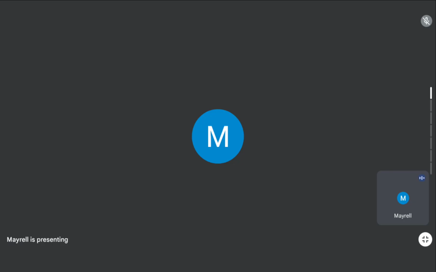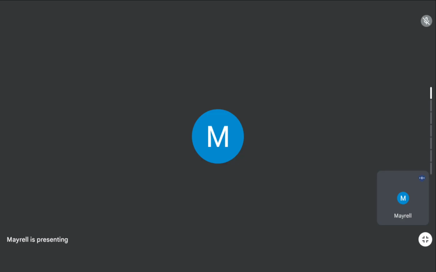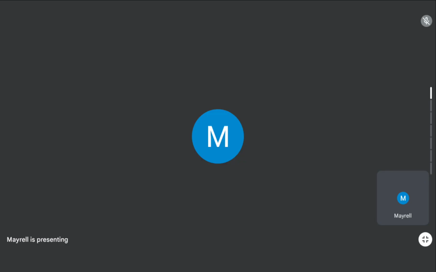C is negative 1. Then, let's move to the second row. Let's see, so that is negative 18B minus 24C, which we have solved the negative 1, minus 26D, which is 10, equals negative 200. We can solve for B. B is negative 2.